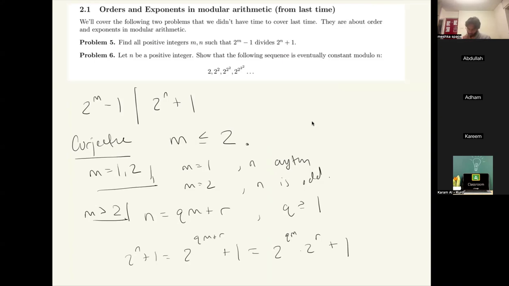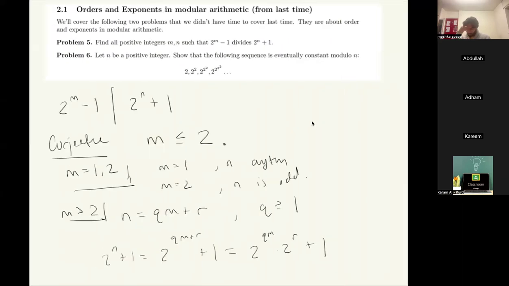And that can be shown to be divisible by 2 to the m minus 1. I'm not following. So I have this expression, and then what am I doing? I wanted to show that it cannot be congruent to 0 mod 2 to the m minus 1.